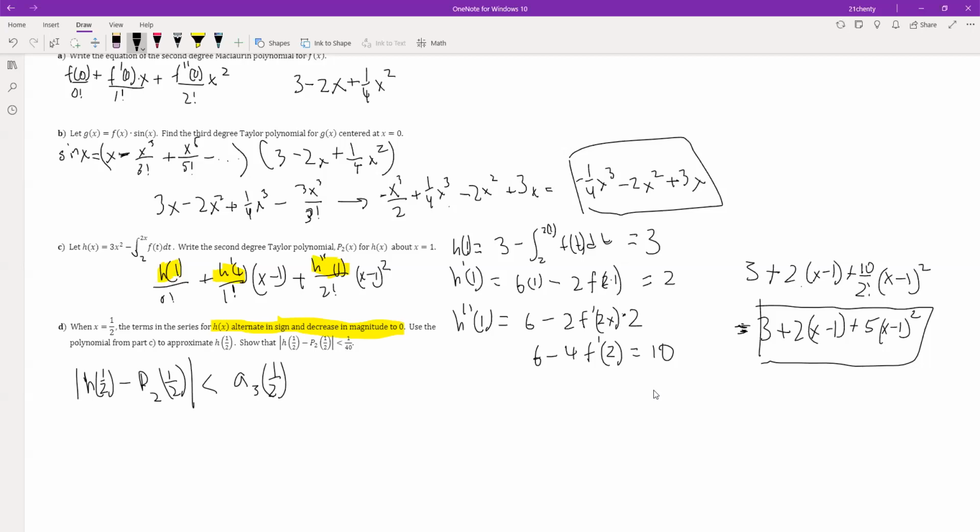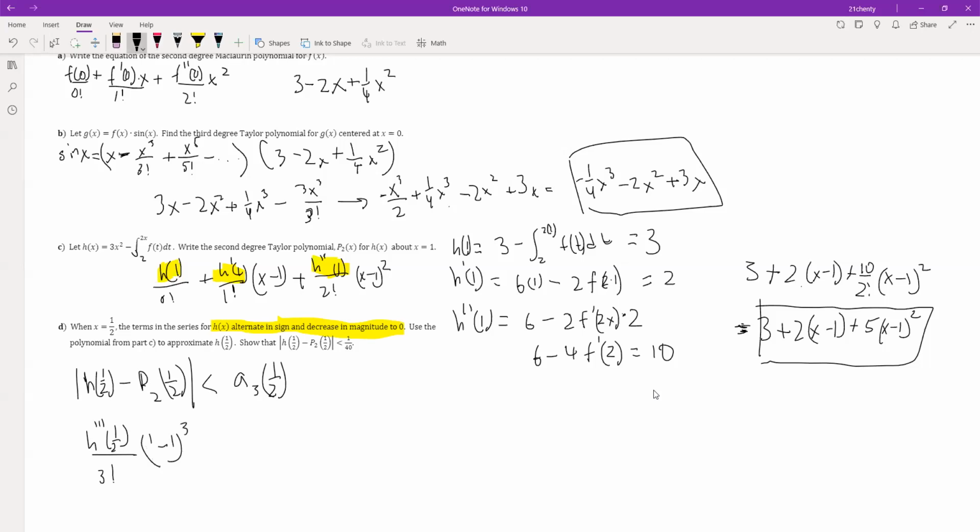The third term would be the third derivative, actually I'll just write the triple prime, I think that's the custom, of 1/2 over 3 factorial times x minus 1 cubed.